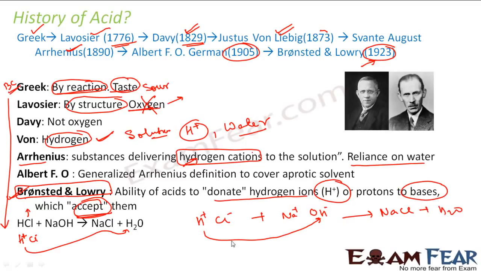So in this reaction, this hydrogen ion was given to OH, this NaOH. So HCl is an acid here. Why? Because HCl gave hydrogen ion to this base NaOH. We'll take the definition of base also, but in this case, we can focus only on acid. So anything that gives hydrogen ion, so here it was H plus Cl minus, it gave this H plus, it becomes NaCl. So it donated the hydrogen ion, so it is called acid.